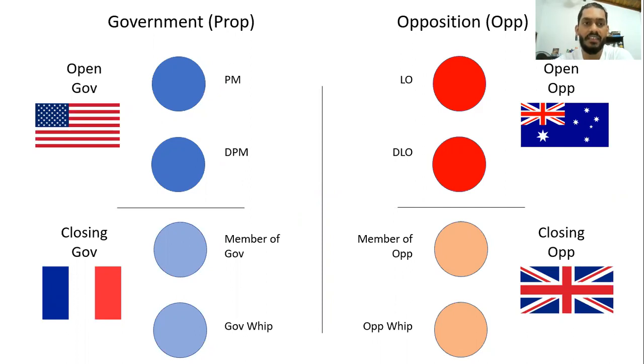Now imagine the opening government does not bring in good arguments. Because of that, the opening opposition did not have a lot of good points to rebut, right? So in that case, you should keep in mind that it's not the opening opposition's fault that their rebuttals were not very fiery, because that's the fault of the opening government. They did not give good points for these guys to rebut, right? So that's something you need to keep in mind as a judge.